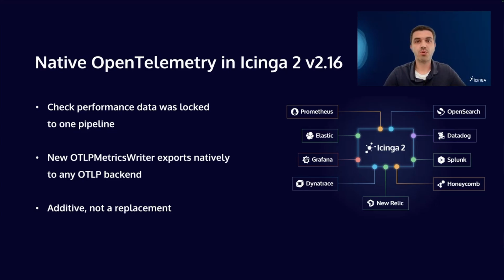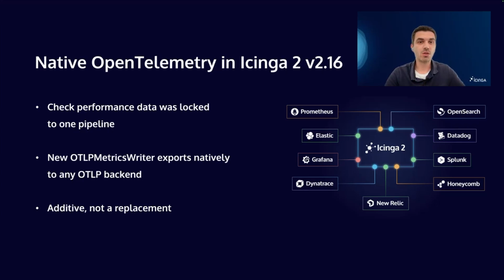Your check plugins produce a lot of valuable performance data: CPU load, disk usage, memory, network throughput, response times, and whatever. And you've been sending those somewhere supported by Icinga 2, like Graphite, InfluxDB, Elasticsearch, maybe the Perfdata writer.